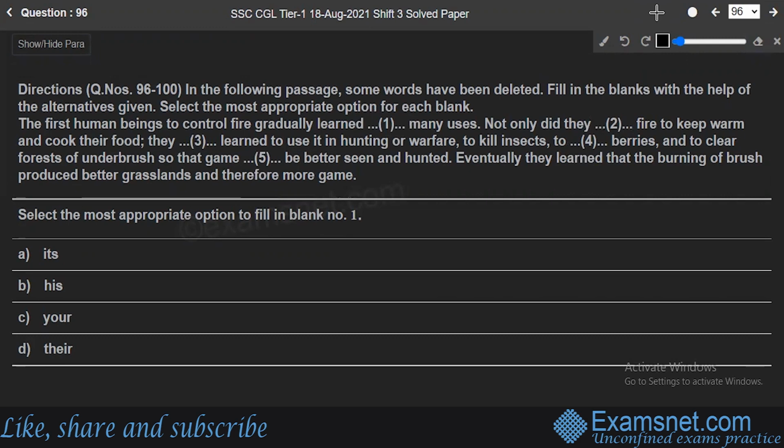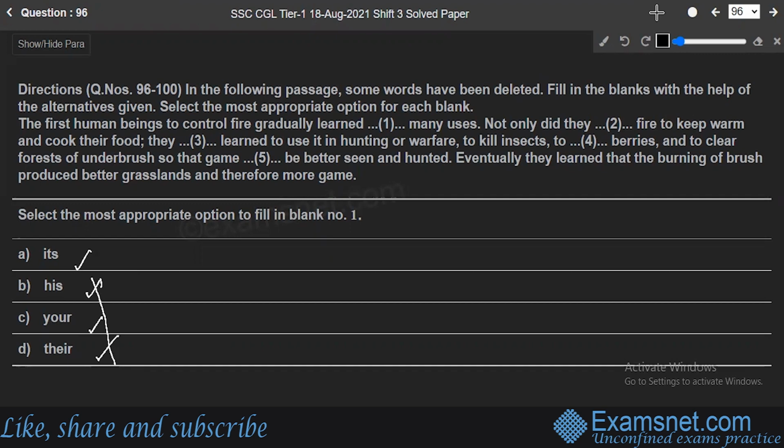It says the first human beings to control fire gradually learned dash many uses. So let's read the options. The first human beings to control fire gradually learned its many uses, his many uses, your many uses, or their many uses. If you read them, of course, you can clearly say his, your, and their are absolutely incorrect.